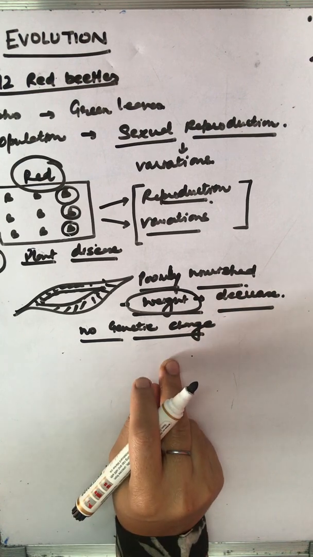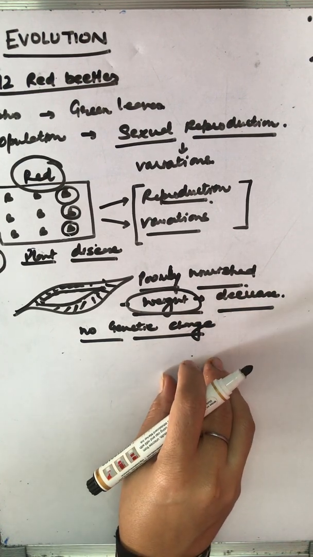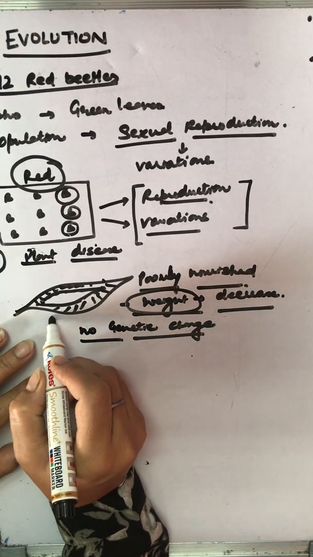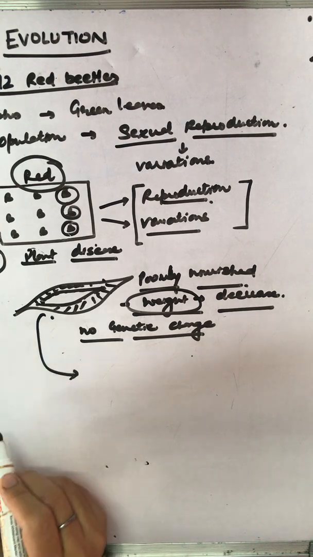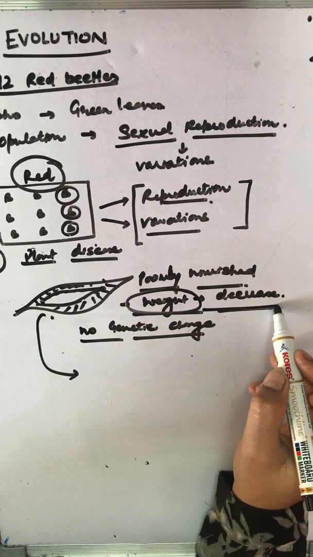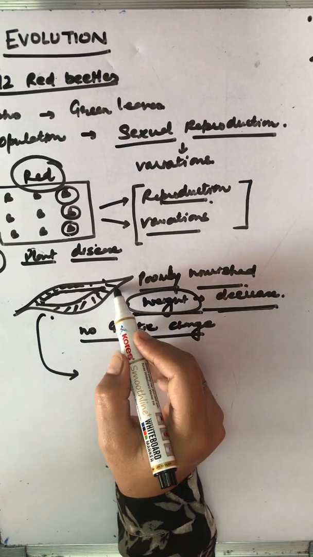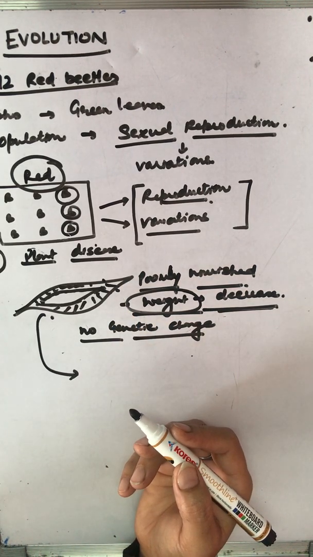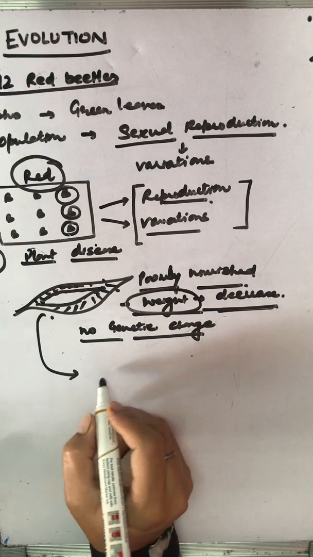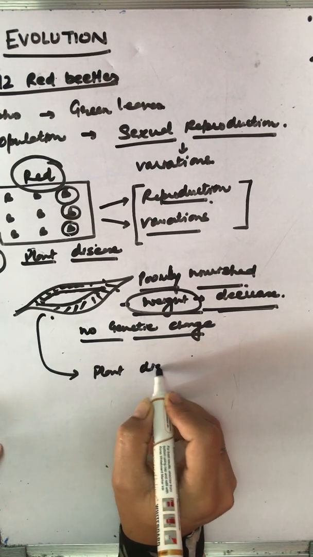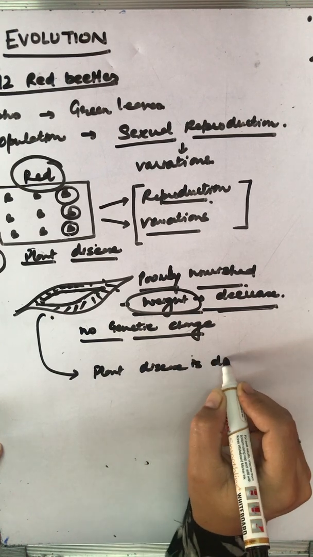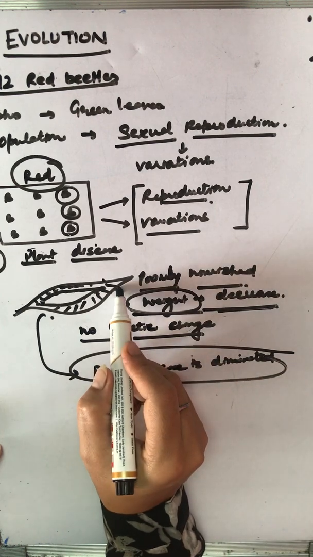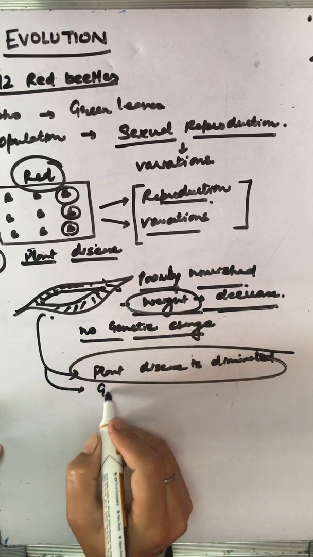And after a few years, when the plant disease is eliminated, there will be a lot of food to eat. What is expected afterwards? Right now, the weight is decreased because of this plant disease. After maybe 1 or 2 years, what will happen? If the plant disease is eliminated, we expect these same poorly nourished beetles to gain weight.